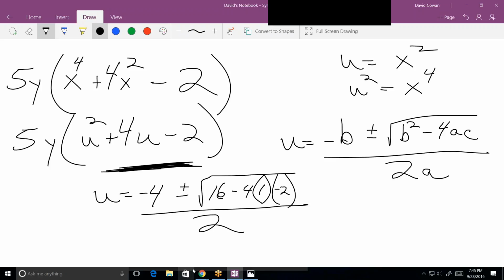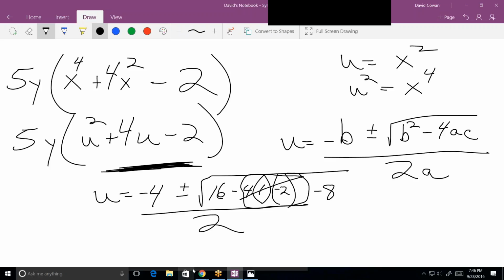But this negative sign means subtraction. That negative sign just means negative 2. So the way to always do these, to simplify them, is to do this part first. Well, what is 4 times 1 times negative 2? Negative 8. Okay, so I'm going to write negative 8 there.